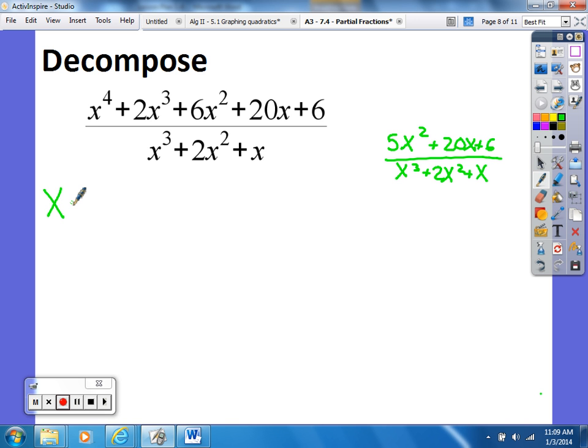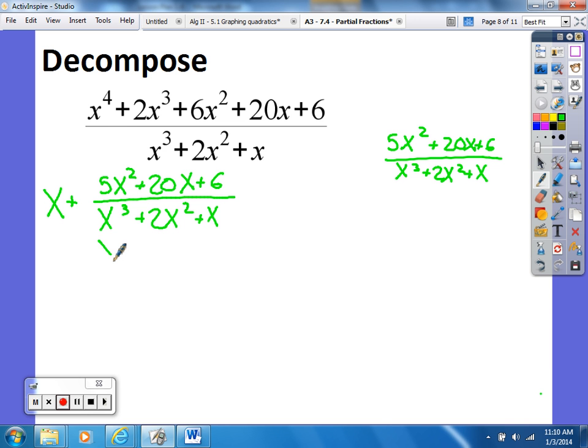Right now I have x plus 5x squared... what's that first step of factoring, Scott? GCF, which is? That means I'm left with x squared plus.